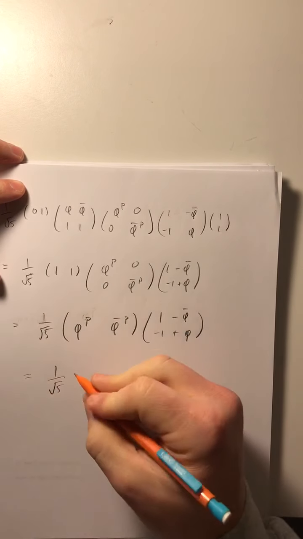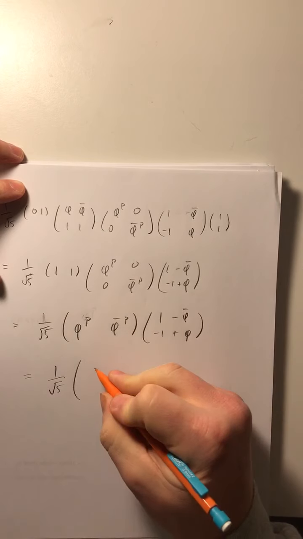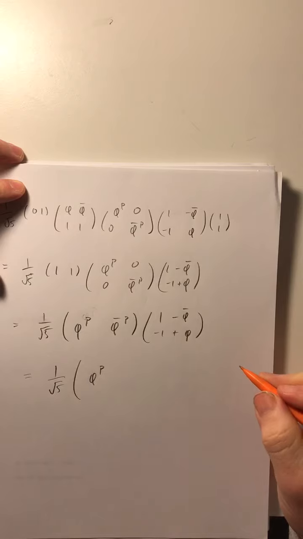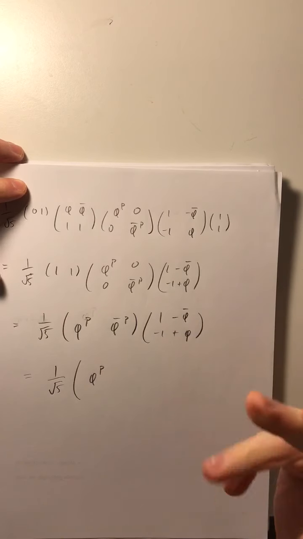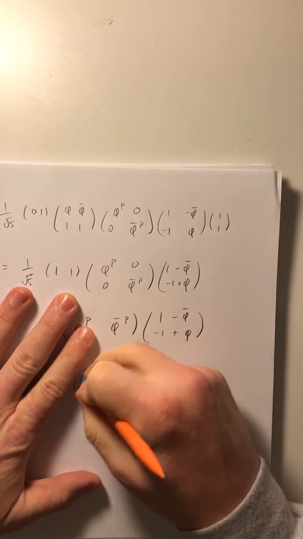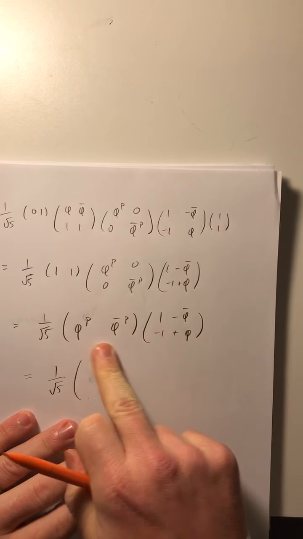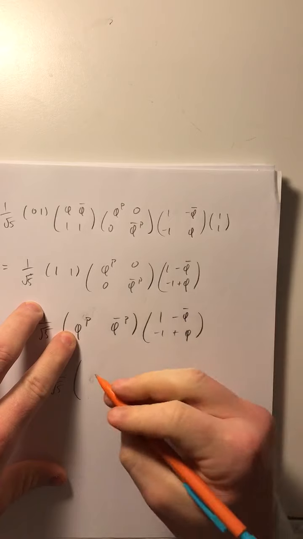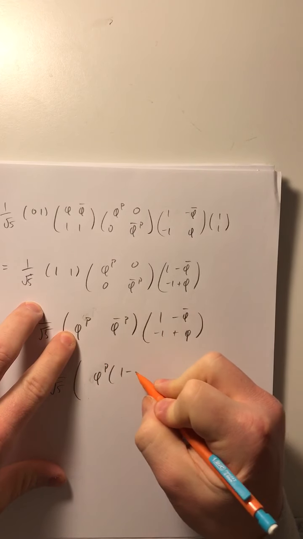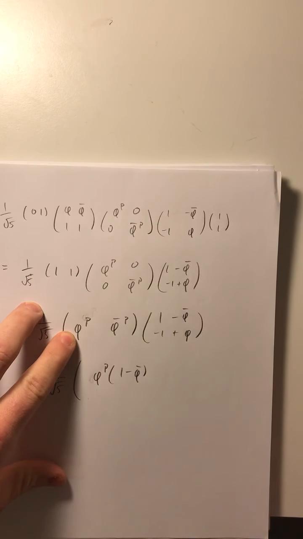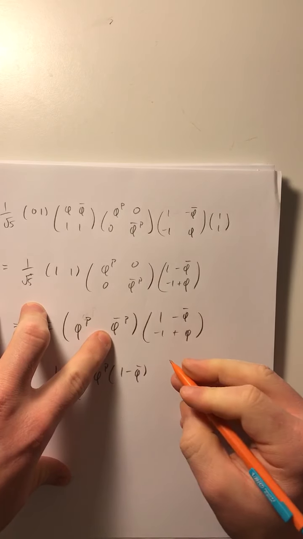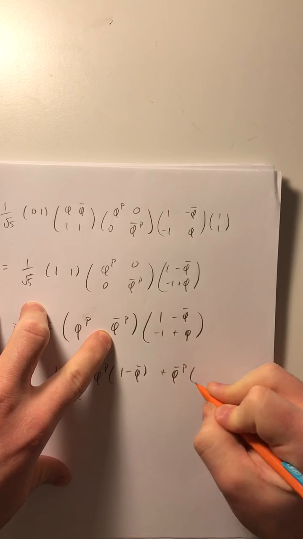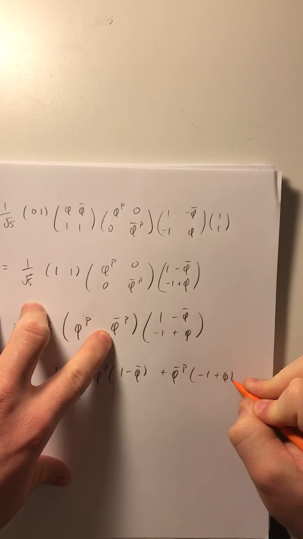Okay, so I'm going to get phi to the P times 1. Careful. This is a 1 row matrix. This is a 1 column matrix. So I'm doing phi to the P times this first entry, which gets phi to the P, 1 minus phi bar, and then plus phi bar to the P, negative 1 plus phi.